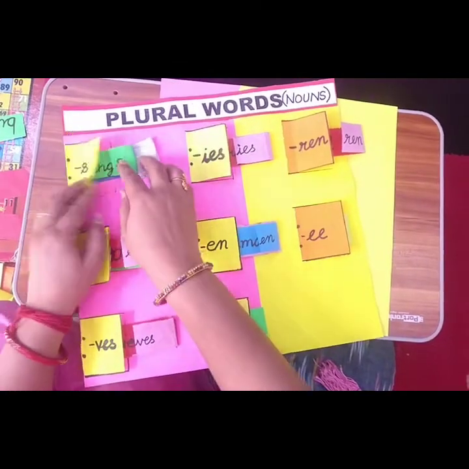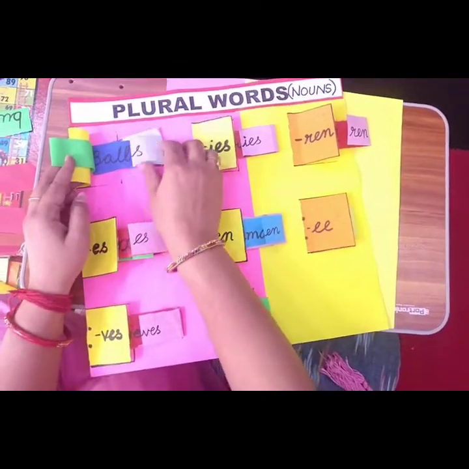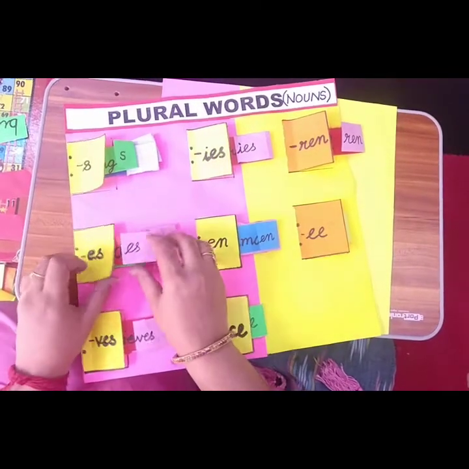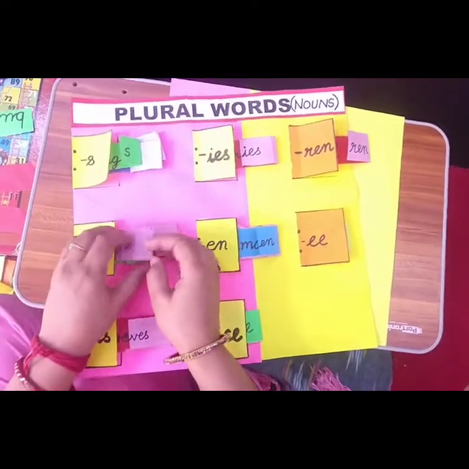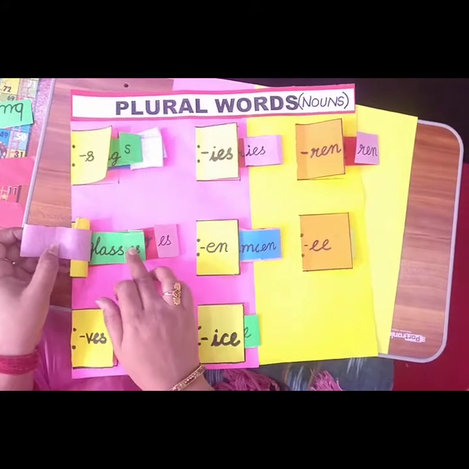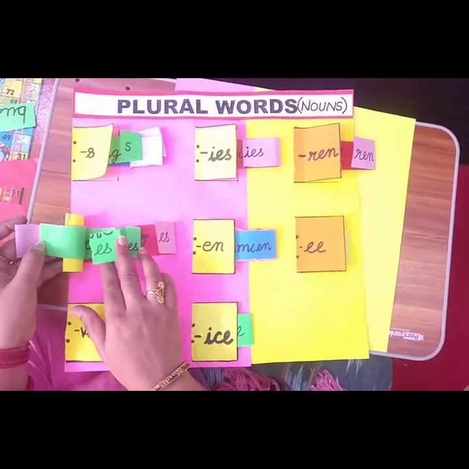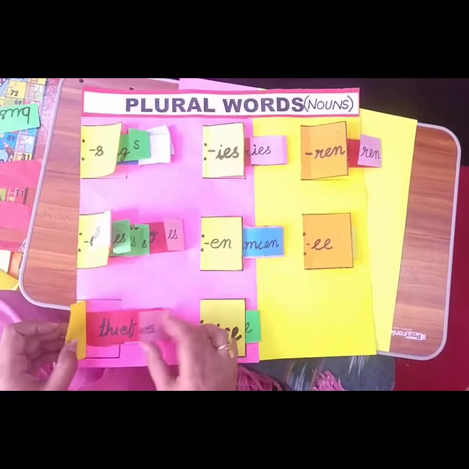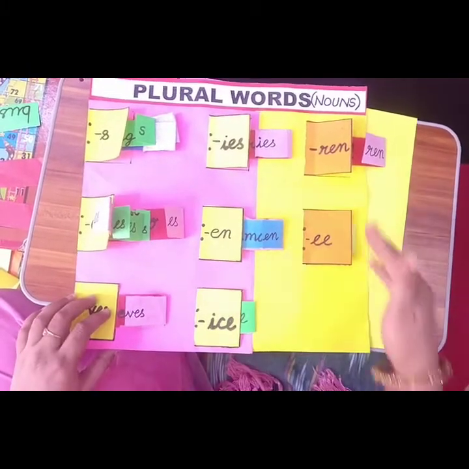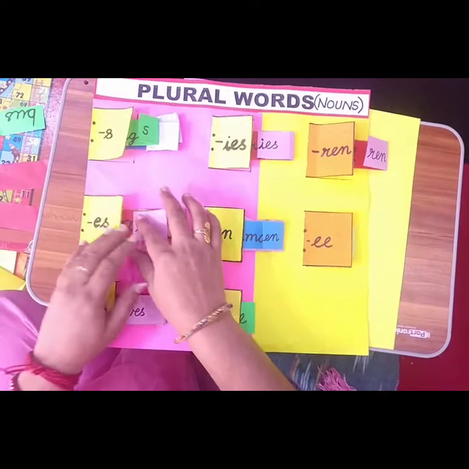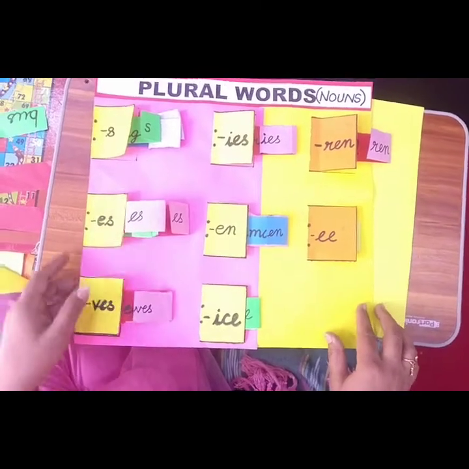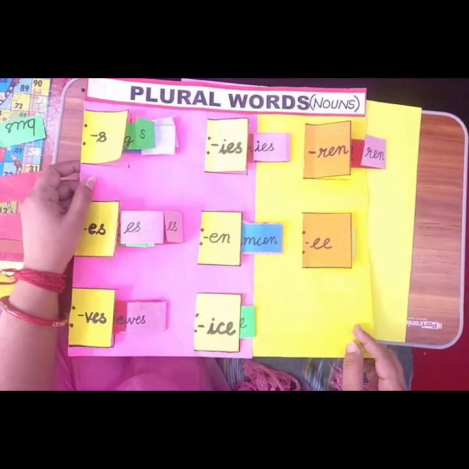You can see like this: ring, rings, ball, balls. Similarly, box, boxes, glass, glasses. Here again fox, foxes. Here thief, thieves. So likewise we have written a number of plural words here. In this way you can remember it better.